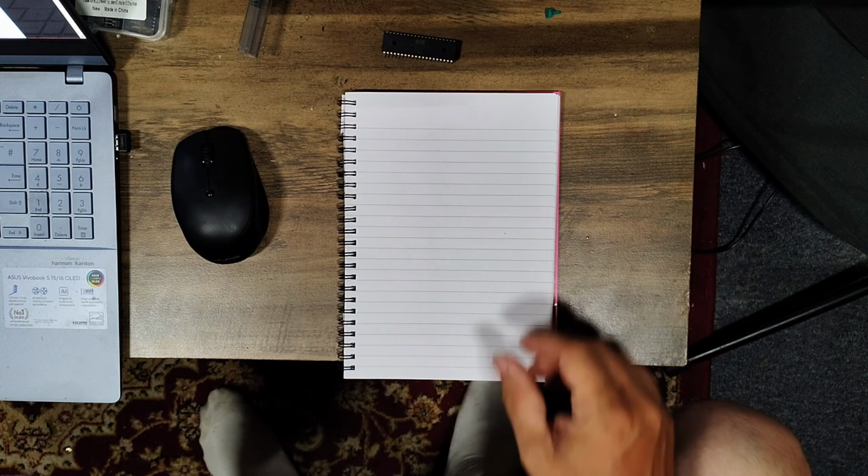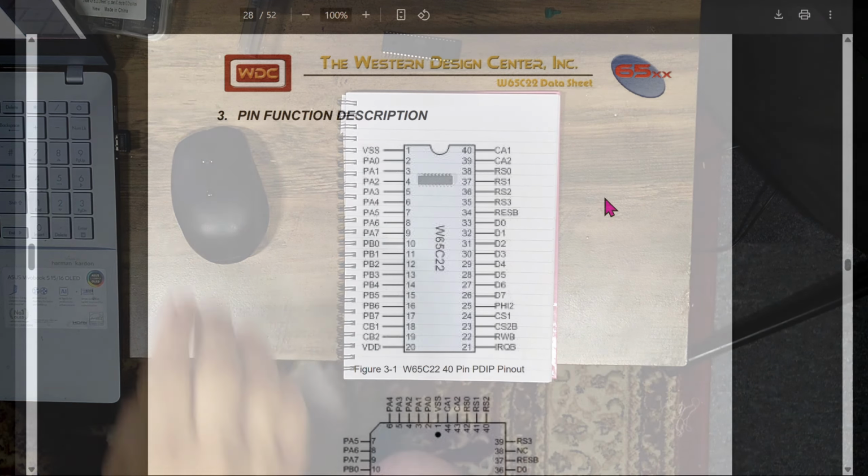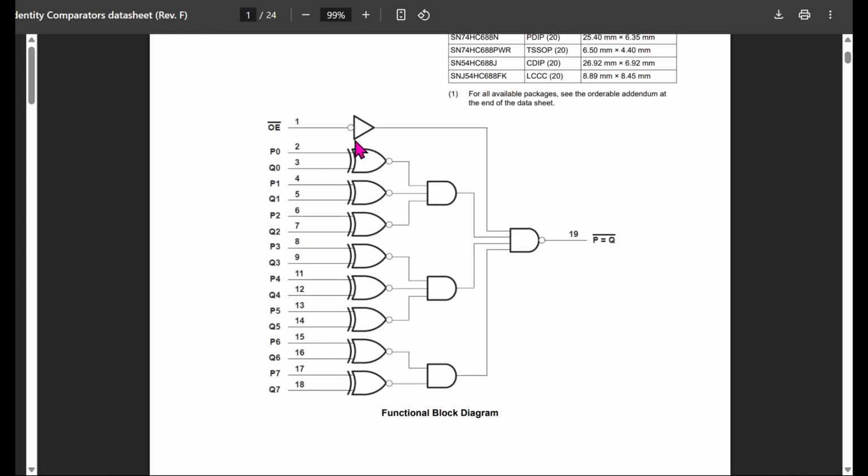To help us do that, we're going to bring in this chip here. Now let's go back to our computer and have a look at the data sheet for this chip. This is called a 74HC688. And what it does, it's a comparator. So we've got 8 lines here. Let's say this could be the first 8 lines of our address. And we can tie Q0, Q1, Q2, Q3, Q4, whatever, high or low with the resistor. So let's say we tied Q0, Q1, Q2 and Q3 to be low, high, high, low, for the sake of argument.